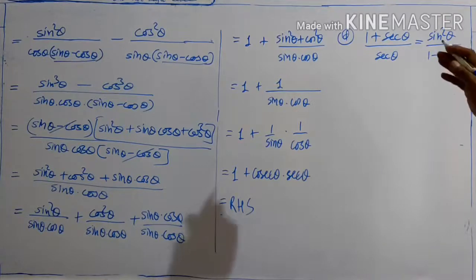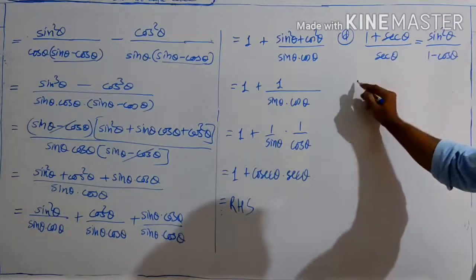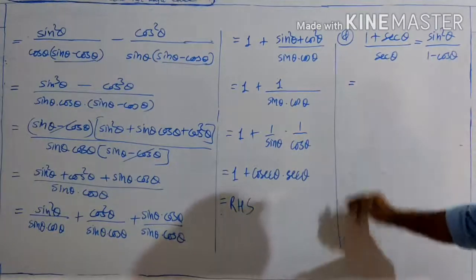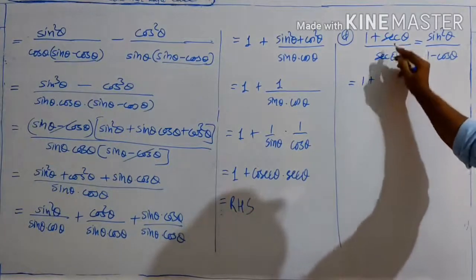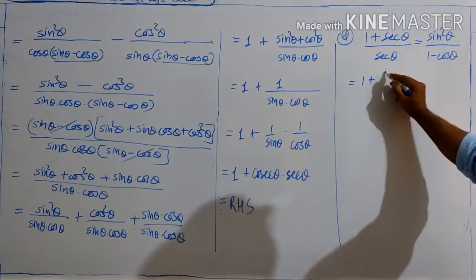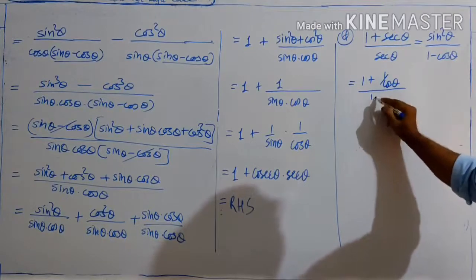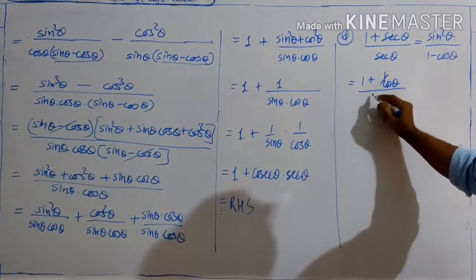So here we cannot go for sec into sin or cos directly. It is not given here. No identity can be applied directly. So we shall convert sec into terms of cos. So sec theta is equal to 1 upon cos theta, and the denominator sec theta is 1 upon cos theta.